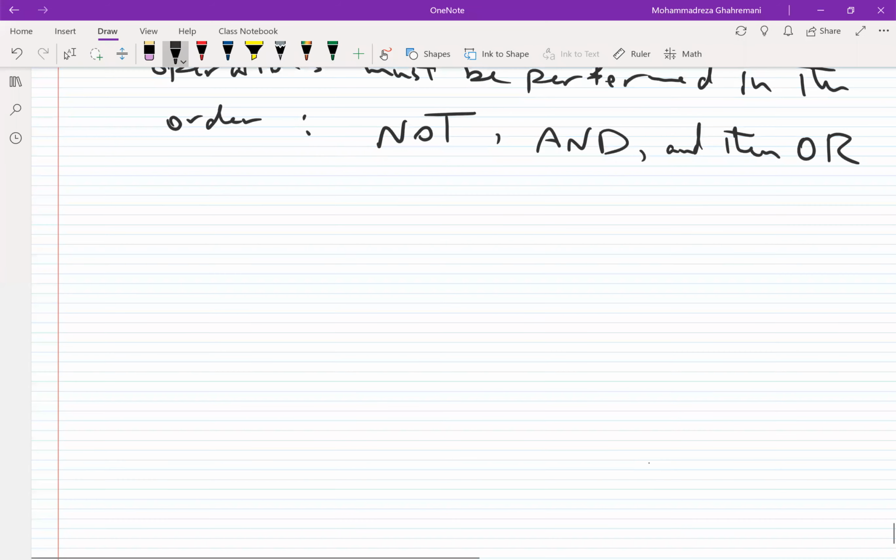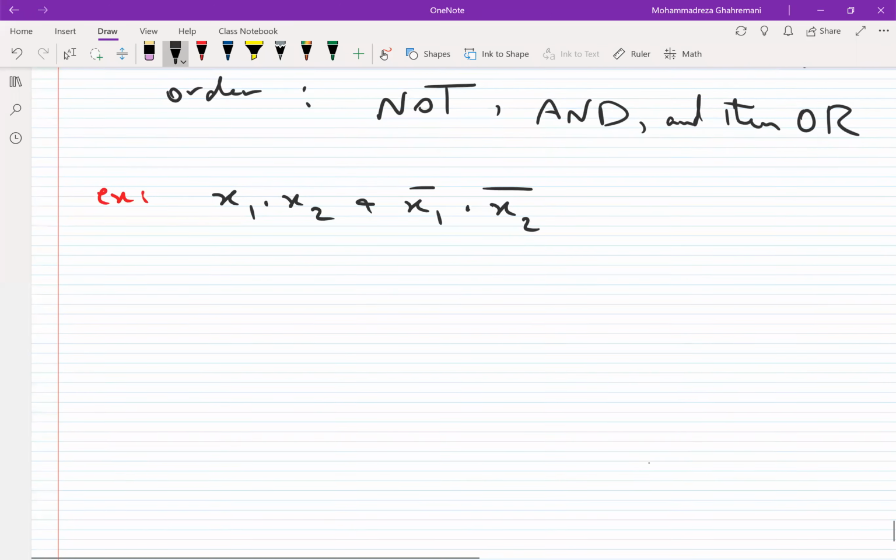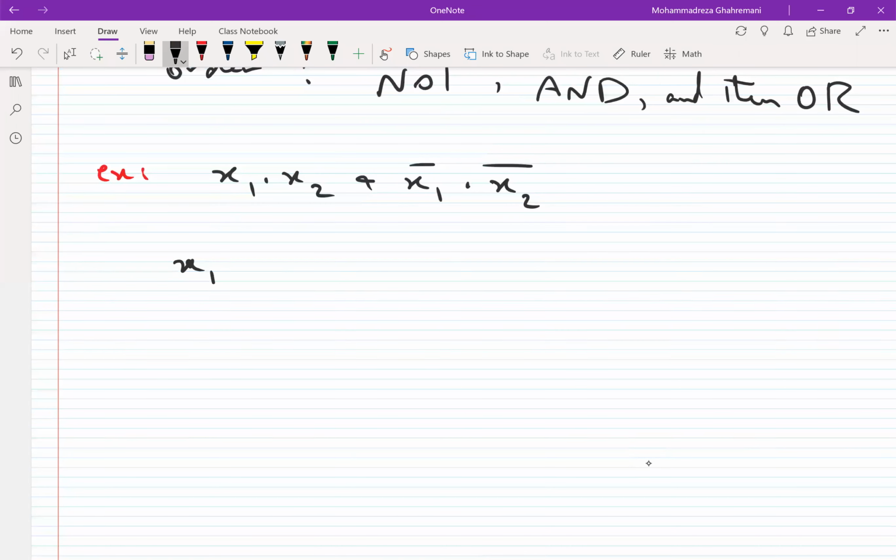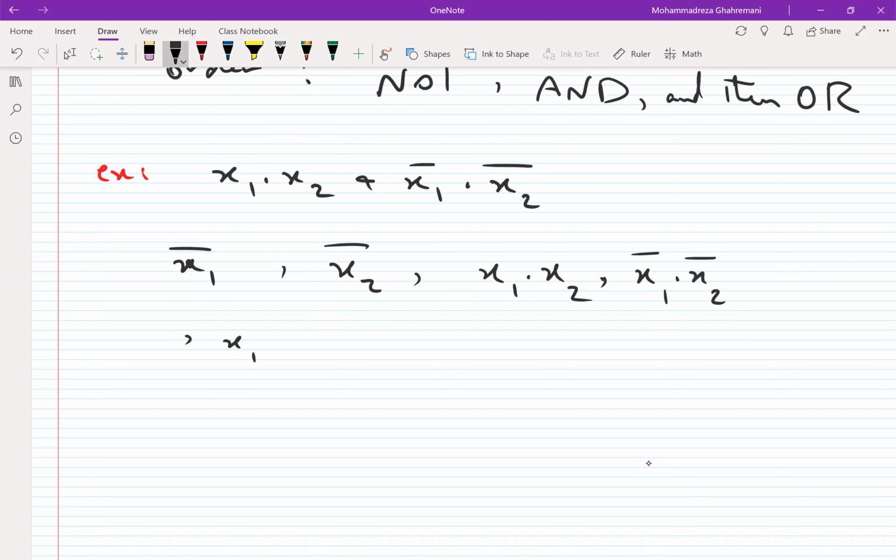So here is an example. Let's say we have x1 dot x2 plus x1 bar dot x2 bar. So first we need to perform the NOT, so x1 bar and x2 bar, then AND functions. So we need to perform x1 x2, and x1 bar x2 bar, and finally we perform the OR.